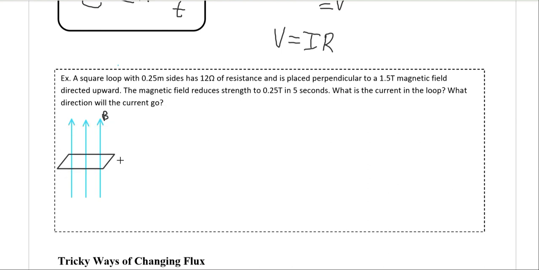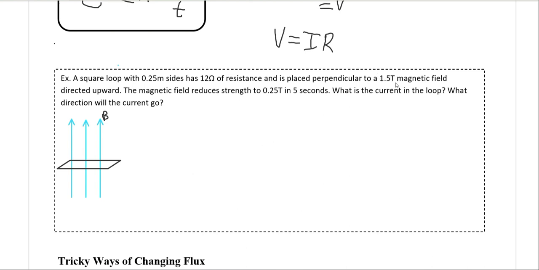So something like that, so it's level with the ground. Remember, the only thing we're paying attention to is the field that exists on the inside of the loop.